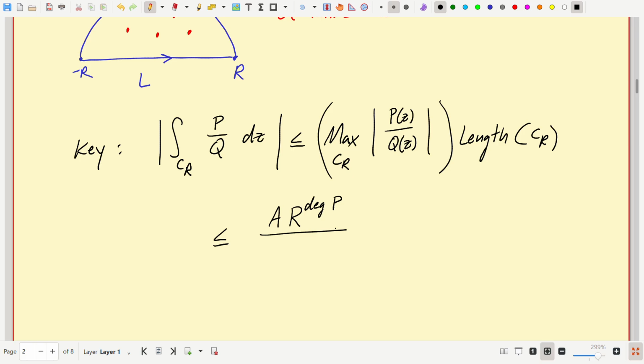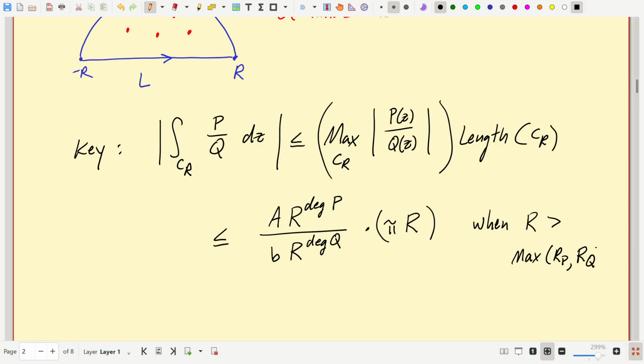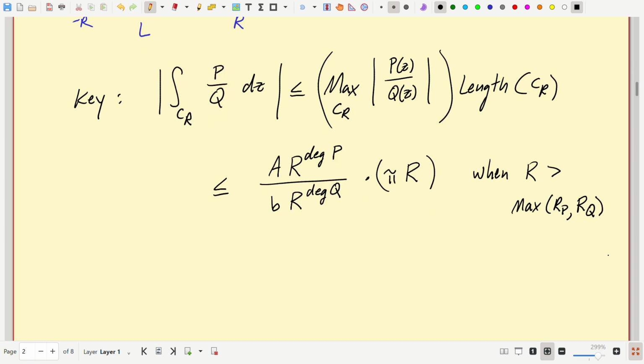And the denominator estimate for the Q, that was little b times R, that's greater than or equal to little b times R to the degree of Q. And the length of C sub R is half a circle, so it's pi times R. And let's see, I need those inequalities to be true, so I would need R to be greater than the max of the R sub P and the R sub Q. And I claim that goes to 0.